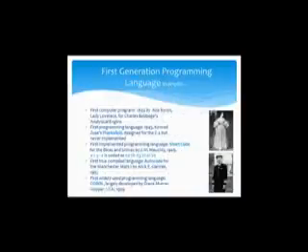First generation programming language examples: first computer program, 1843, by Ada Lovelace for Charles Babbage's Analytical Engine. First programming language, 1945, Konrad Zuse's Plankalkül, designed for the Z4 but never implemented.